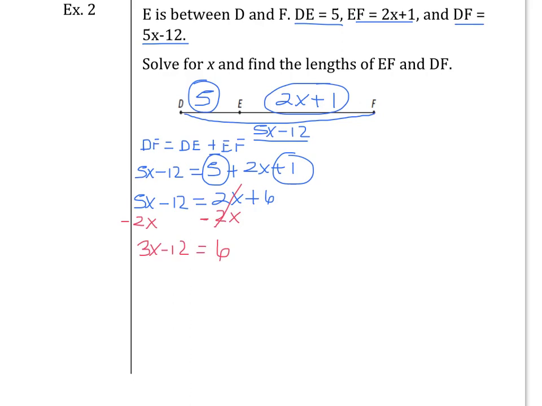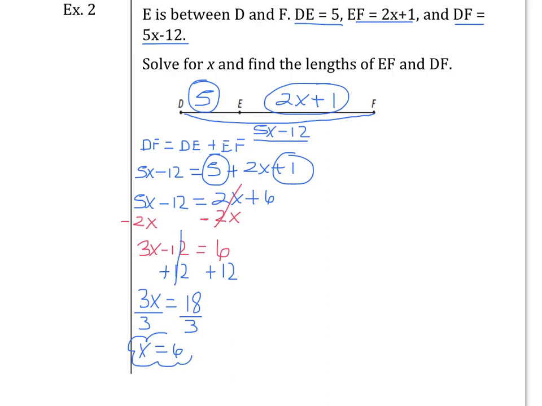Hopefully you don't have any difficulty doing this. So then we add 12 to both sides. This cancels, so we have 3x equals 18. Divide by 3, divide by 3, and 18 divided by 3 is 6. So we find x equals 6.